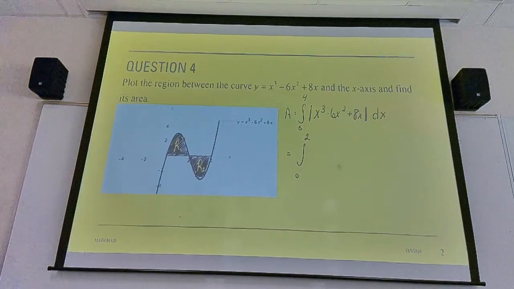From 0 to 2, the area is positive, isn't it? And then from 2 to 4, the area is negative. So it would actually be 0 minus the function we're integrating.